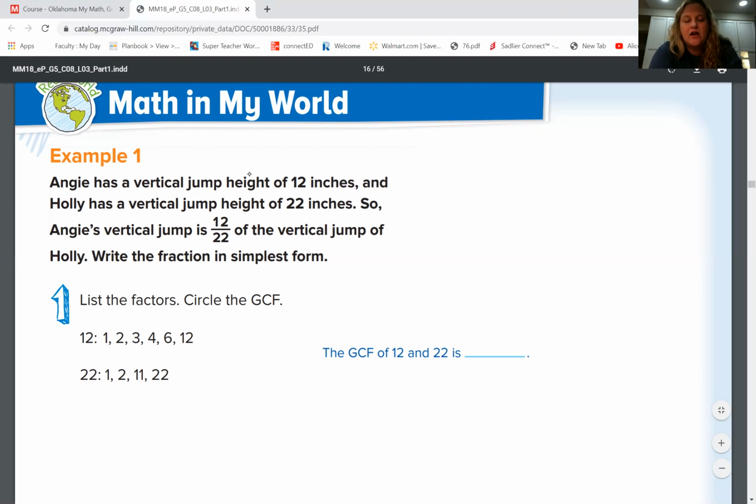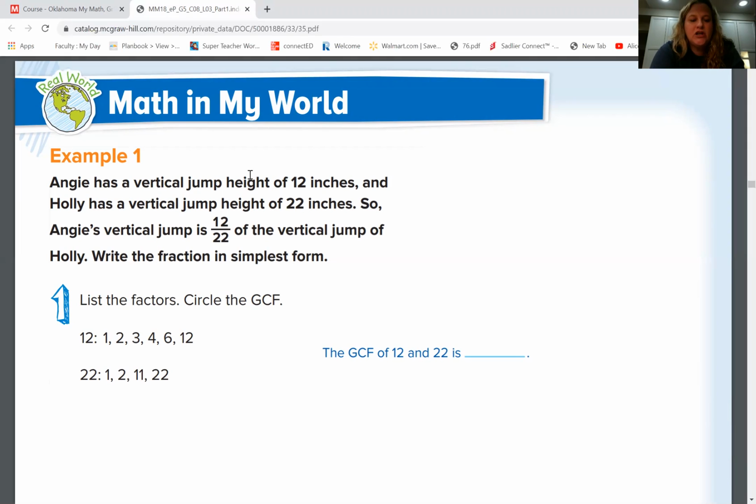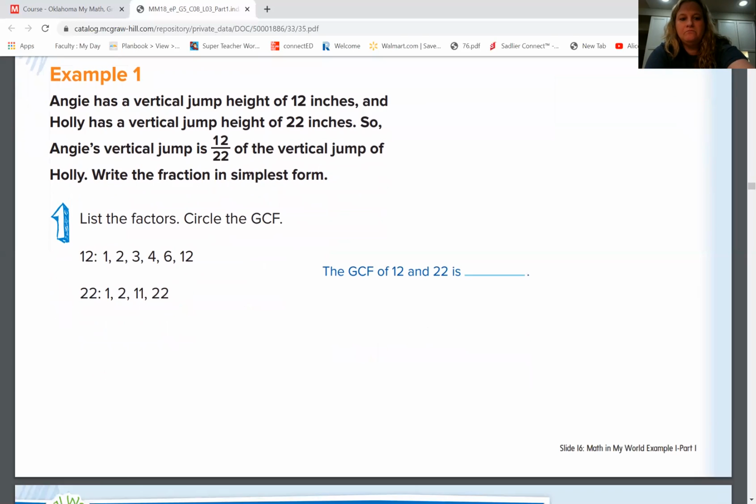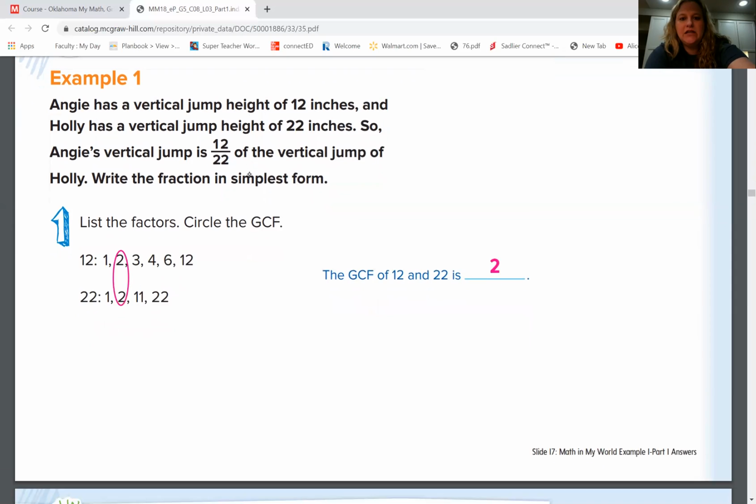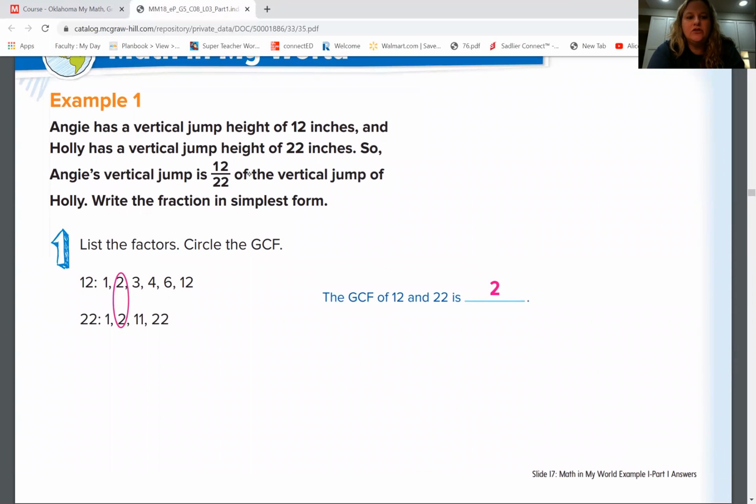What's their greatest common factor? Well, they share 1. They share 2. They don't share 11, 3, 4, 6, 12, or 22. So the greatest number that they both share is 2. And you can see here that they've circled that 2 is the greatest number they share, and they've written 2 on the line.